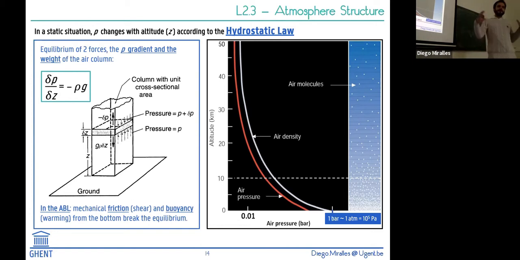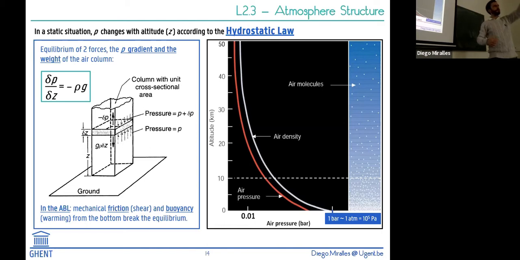Now, why is it that all the air doesn't get squeezed down to the surface? Because of gravity, there must be something that is also pushing it upwards. So there must be a balance. Think of the atmosphere at any given time in which we have no important vertical motion. So let's not think about convection within the atmospheric boundary layer and so on, but just think about the air as it is in a single screen capture.